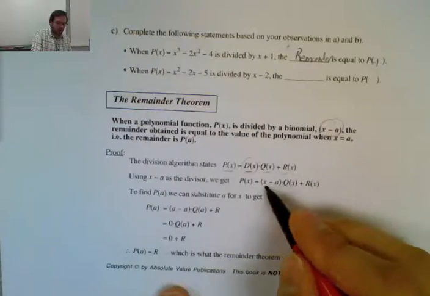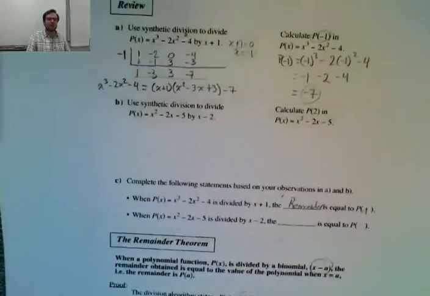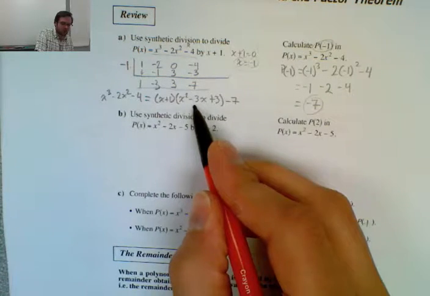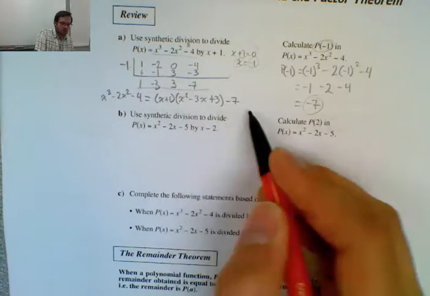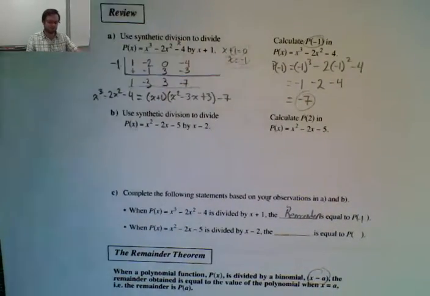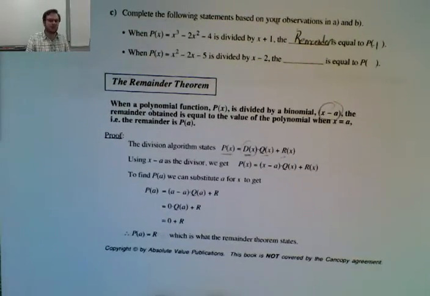So my divisor multiplied by the quotient plus the remainder. That is how we wrote it up here: our divisor multiplied by the quotient plus the remainder is equal to whatever my product is.